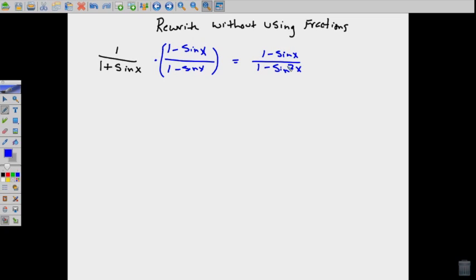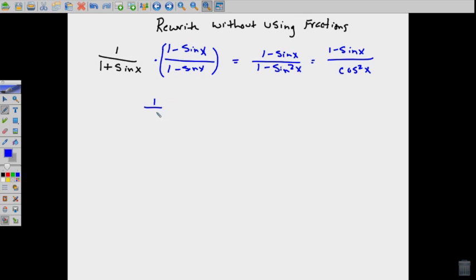Now, some of you might be a little bit ahead of me here and saying, okay, I know there's a sine squared there with a 1, so there's got to be something to do with a Pythagorean identity. And there, in fact, is. If I keep the numerator by itself, 1 minus sine x, I can change the denominator to cosine squared of x, which makes things a lot simpler because it's just one term in the denominator.